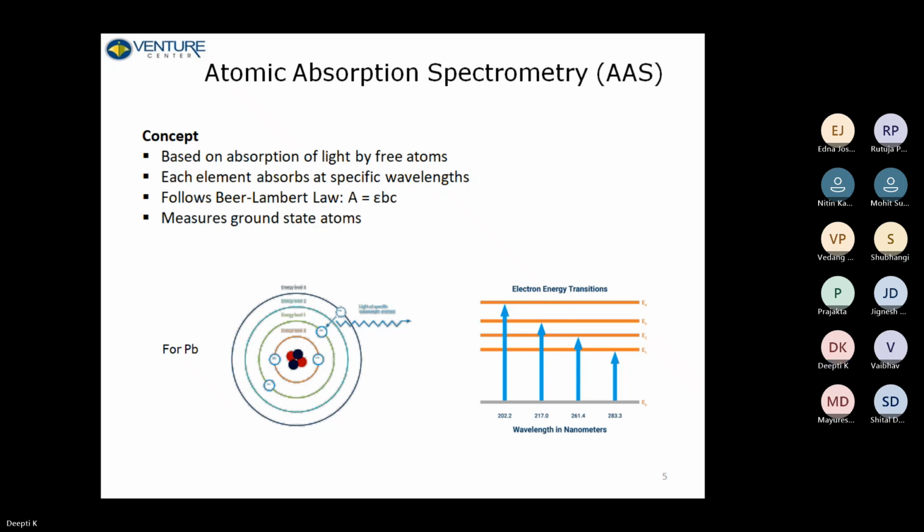However, the wavelength of interest in AAS usually is the E1 level, the one from ground state to the first energy state. This energy level is the most intense, and therefore can be used to determine trace elements very easily.